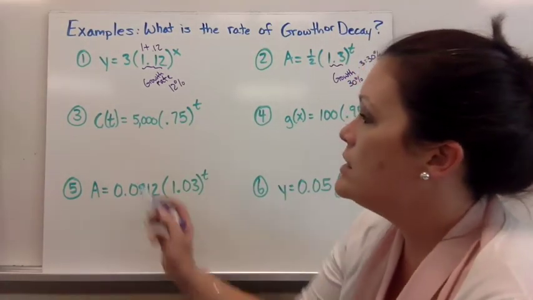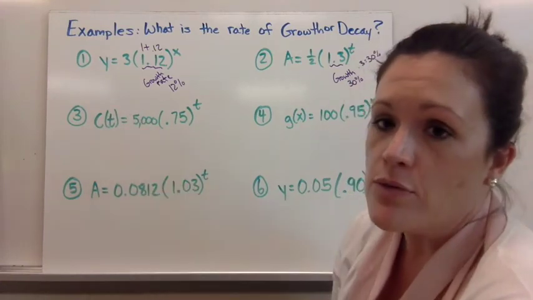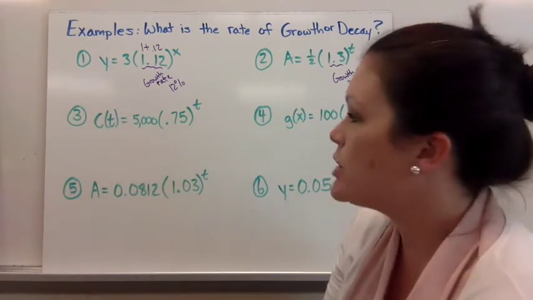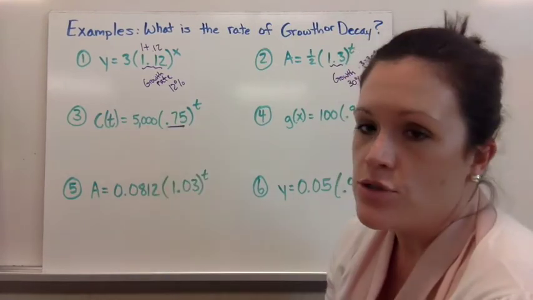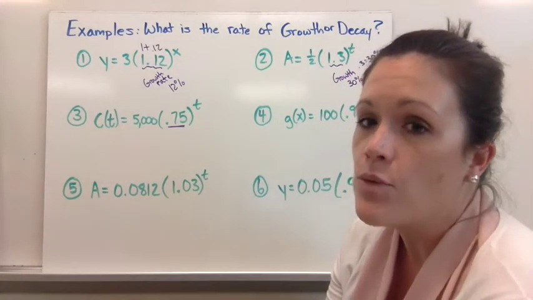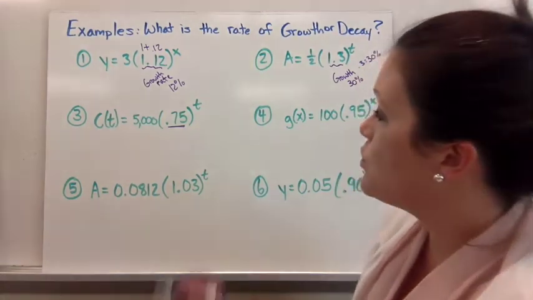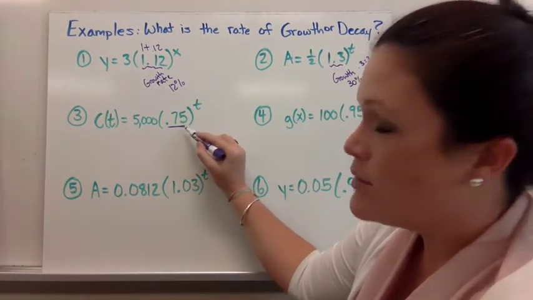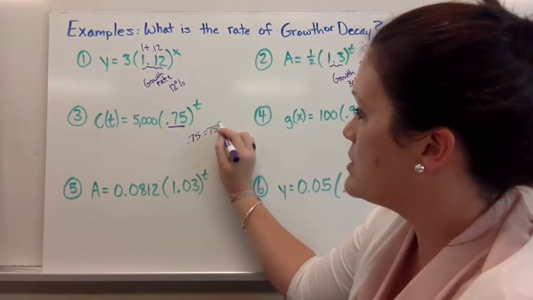We have a cost varies as time, like a function of cost as a function of time is what I'm trying to say. Starting with 5,000, but right here would be the answer to our question. So all that other stuff really doesn't matter if you're just asked what's the rate of growth or decay. So 0.75 is 25% less than 1. 0.75 is equal to 75%.